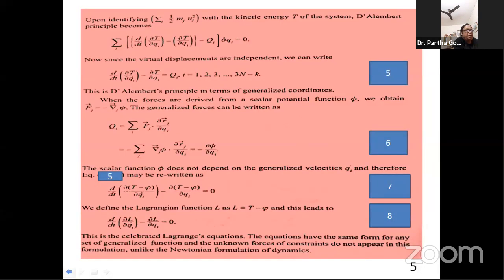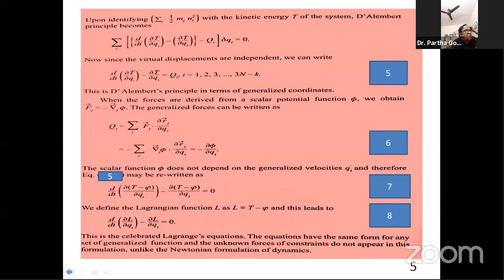Look at equation 8. This is the Euler-Lagrange equation. L is kinetic energy minus potential energy, and q is the generalized coordinate. In this problem there are two generalized coordinates, r and theta.